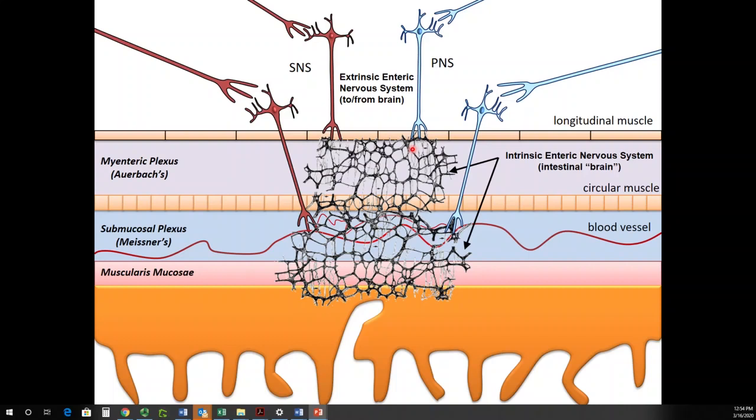I know you haven't had pharmacotherapy yet, but when you learn about it, you'll realize there's a large array of drugs that can block parasympathetic, stimulate parasympathetic, block sympathetic, or stimulate sympathetic. Essentially, many drugs have side effects related to the GI tract because of the autonomic nervous system. One of the obvious ones is opioids.